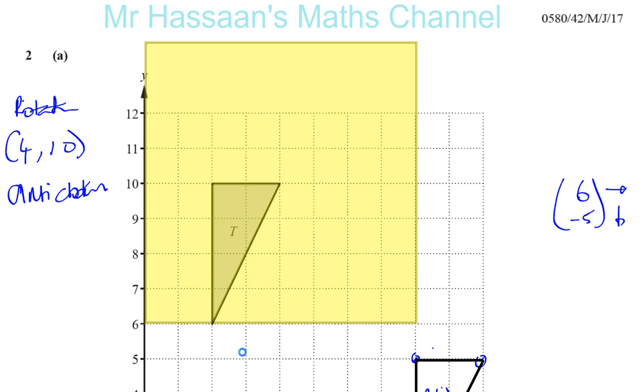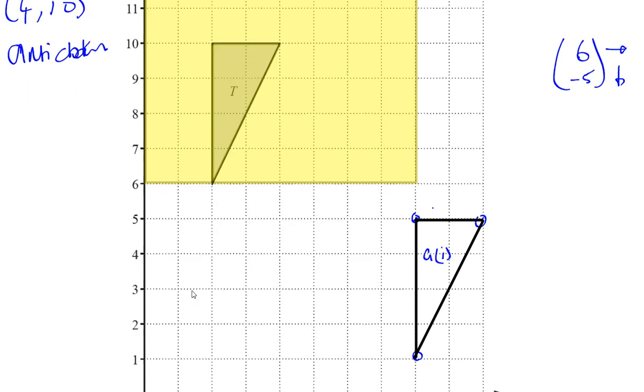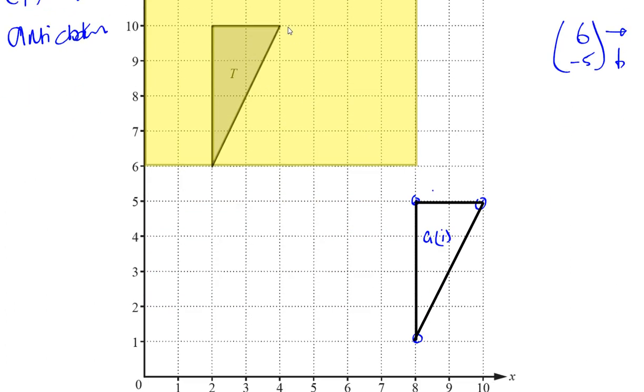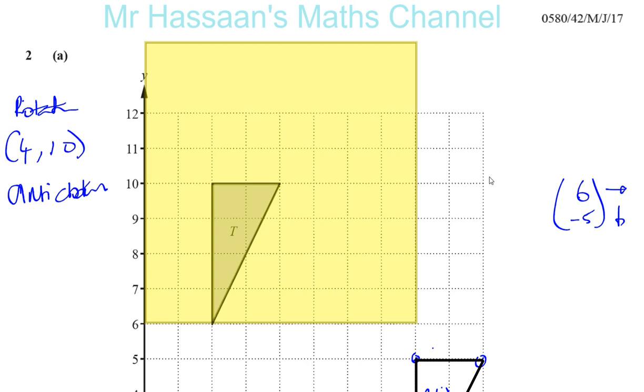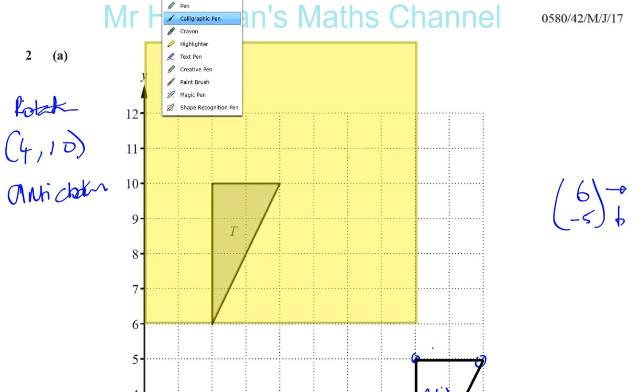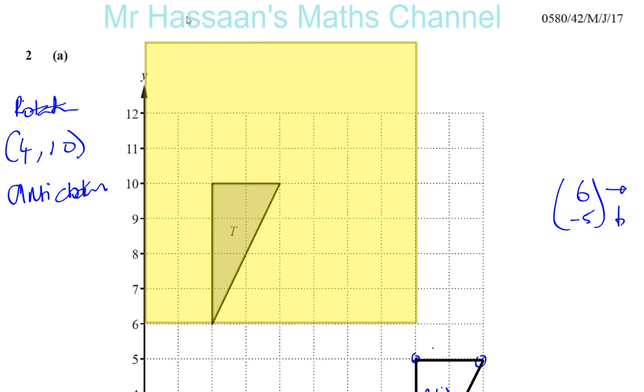Let's see where (4, 10) is exactly. (4, 10) is right here, where I put the point. So this corner of the triangle is the center of rotation, so we see that already.